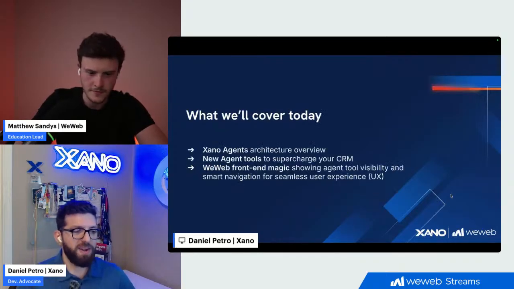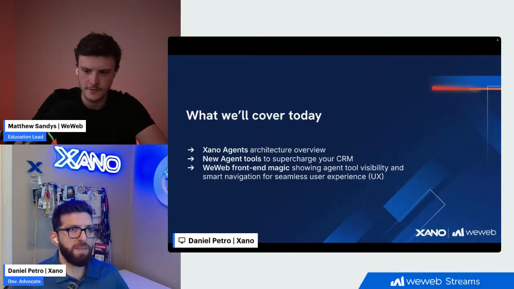So what we're going to cover today is our Xano agents, and we're going to go over the architecture overview of these agents. And we're going to show you what tools we added to the agents to kind of supercharge that CRM experience and help you get more done.